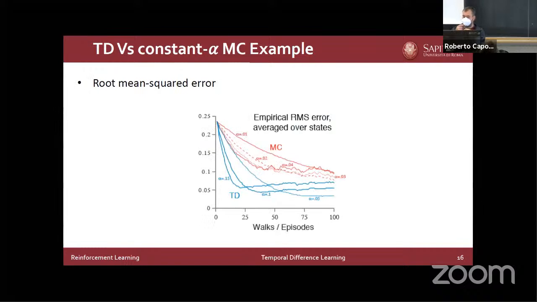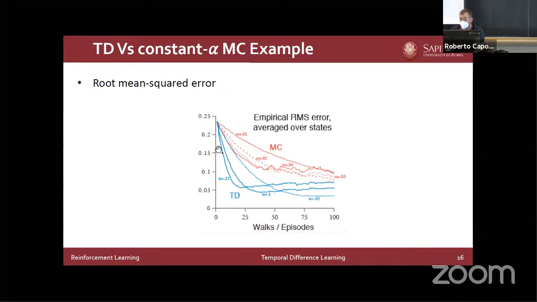Now, if we look at the root mean square error between the true value function and the estimated value function, you will see that Monte Carlo and temporal difference methods, when alpha is constant, will eventually both converge to the true one. You see that Monte Carlo is converging as well to the correct values. The error is very small, 0.05 at this point.